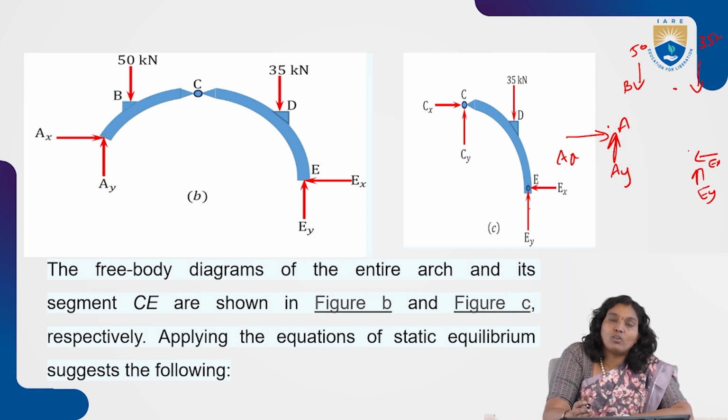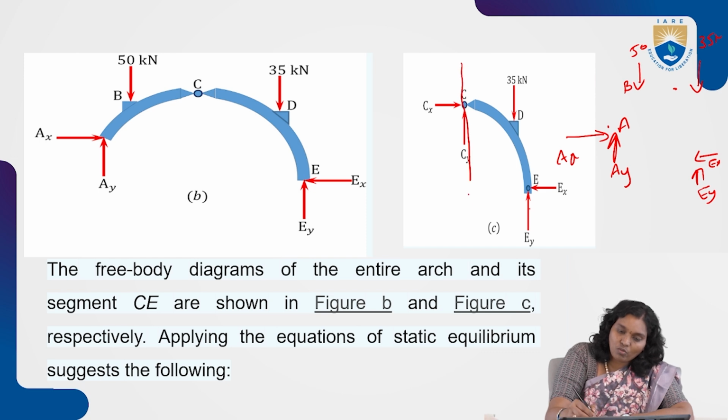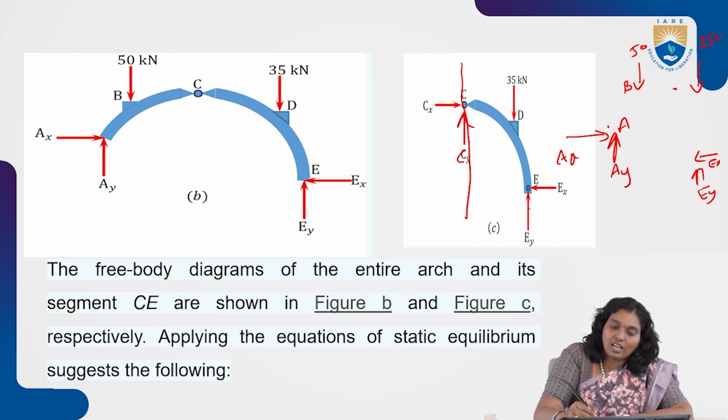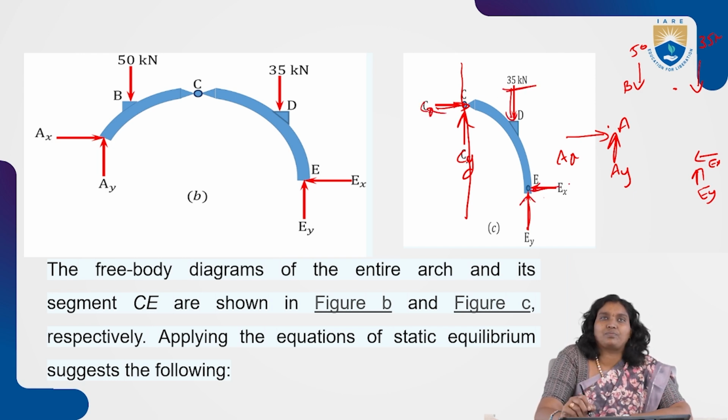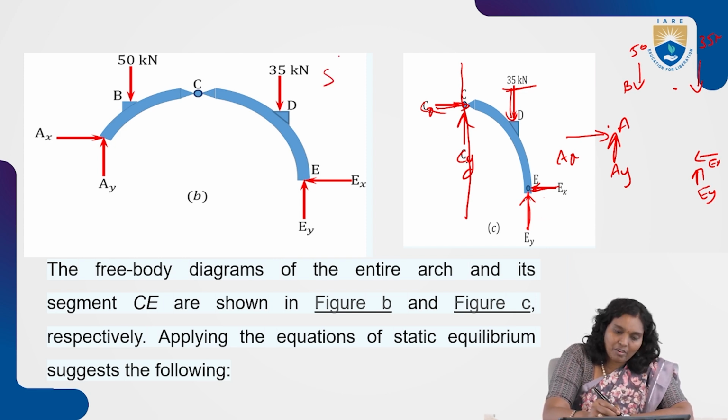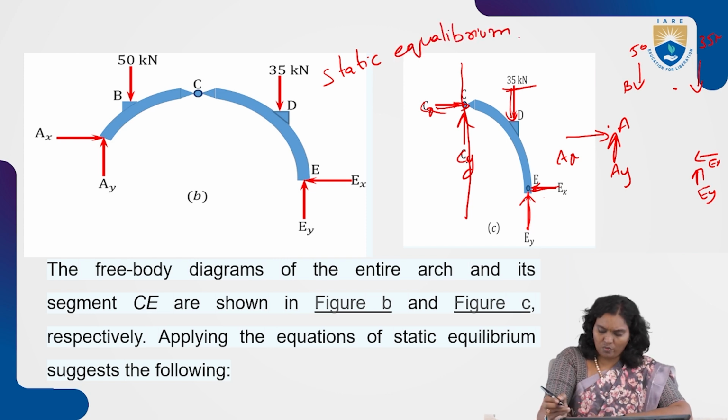And cutting at CE only, we have the upward vertical force, and horizontal force at C, and also the 35 kilonewtons at D, and E. Like this we are applying the static equilibrium equations. We have to write the static equilibrium equations.